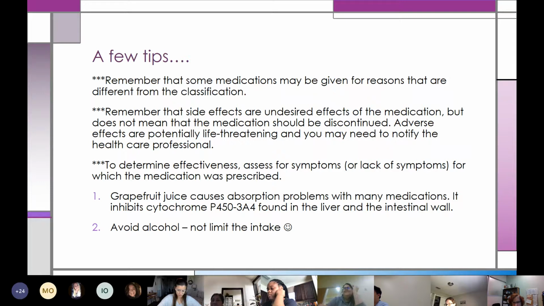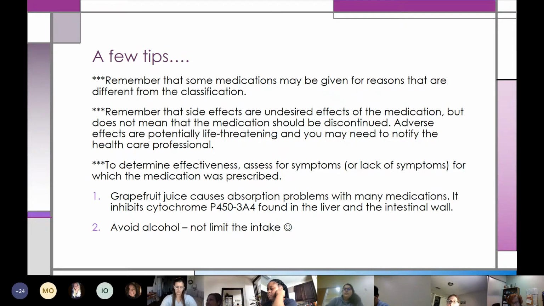For instance, metoprolol can be given to reduce the blood pressure, but it also helps to calm the atrial nerves, the nerves in the atrium, so the heart will not try to go into AFib as much. Right? So you have to know, why are we really giving it? Maybe the patient doesn't have a high blood pressure, so why are they getting it? Okay, why are they getting it?